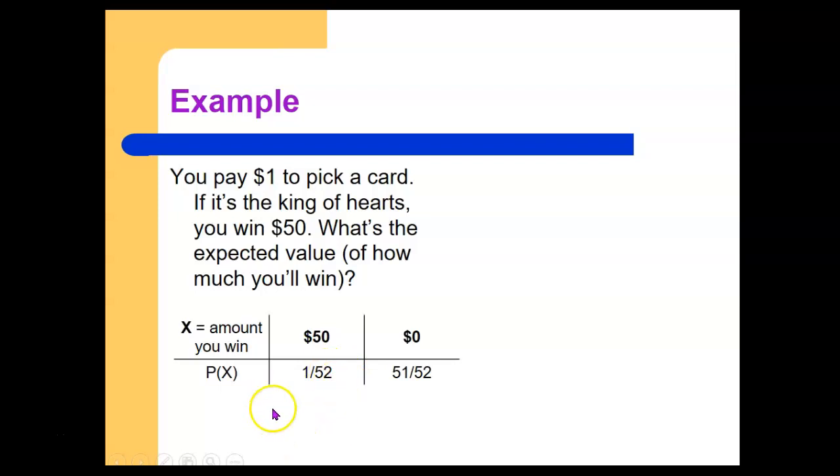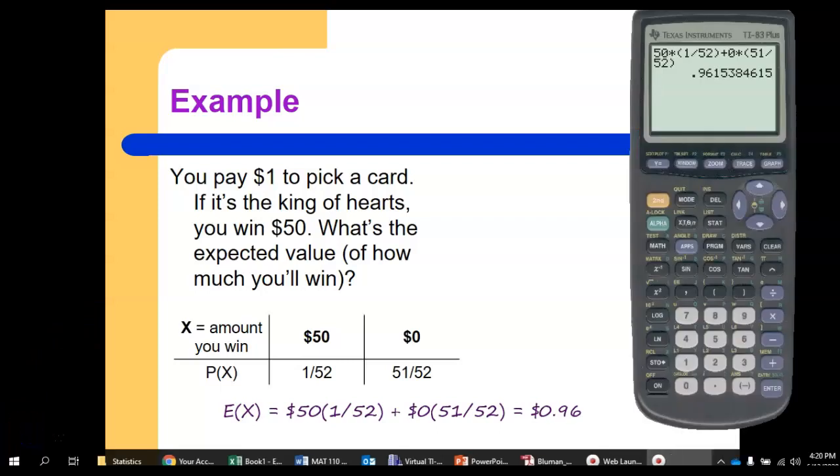So then if we calculate the expected value by taking each amount you could win times the probability of winning that amount, that would be $50 times 1 over 52 plus $0 times 51 over 52. That comes out to be about 0.98. Sorry, my bad, 0.96.